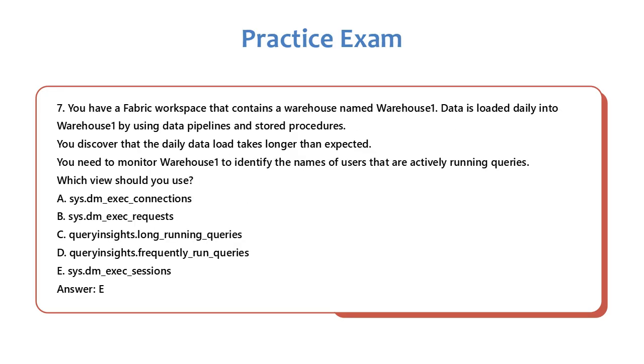7. You have a Fabric workspace that contains a warehouse named Warehouse 1. Data is loaded daily into Warehouse 1 by using data pipelines and stored procedures. You discover that the daily data load takes longer than expected. You need to monitor Warehouse 1 to identify the names of users that are actively running queries. Which view should you use?